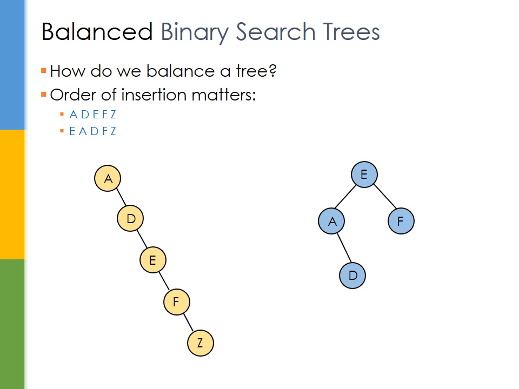And then finally we have Z. Z is alphabetically after both E and F, so it is inserted as the right child of node F. So what we've seen is that simply by altering the order that we insert characters, we can produce a perfectly balanced tree, as we see on the left over here.